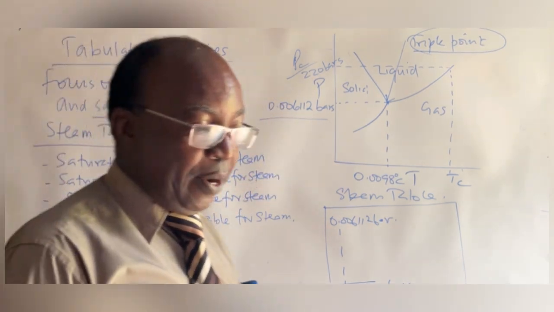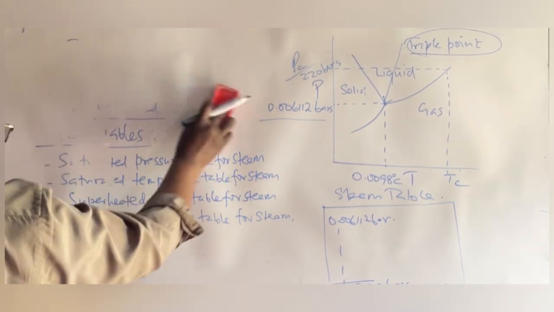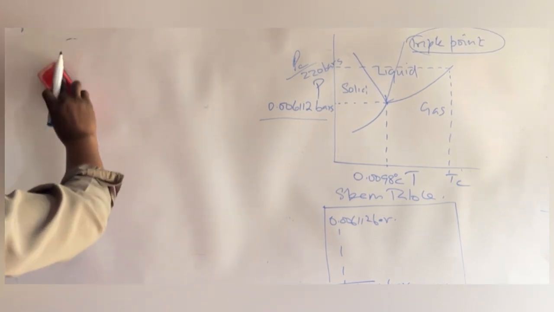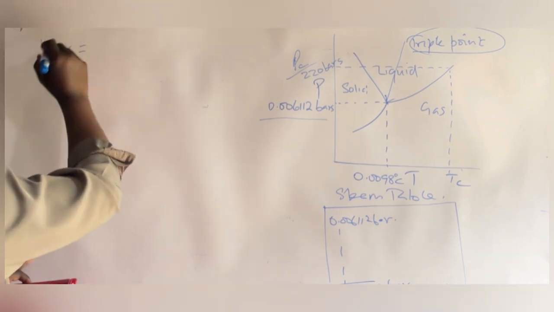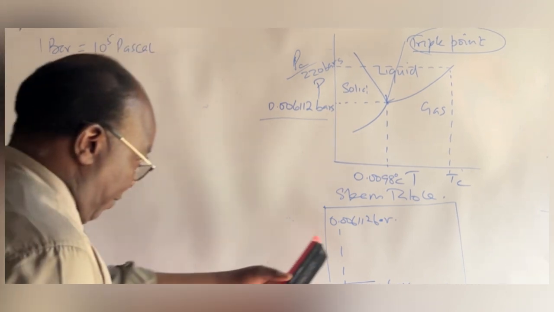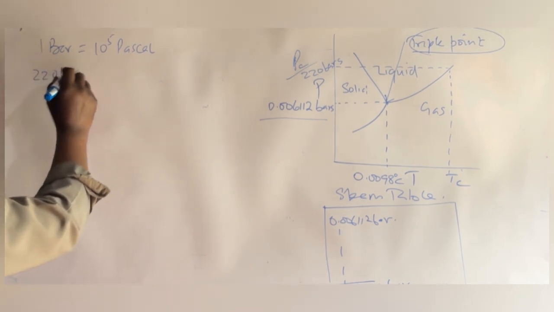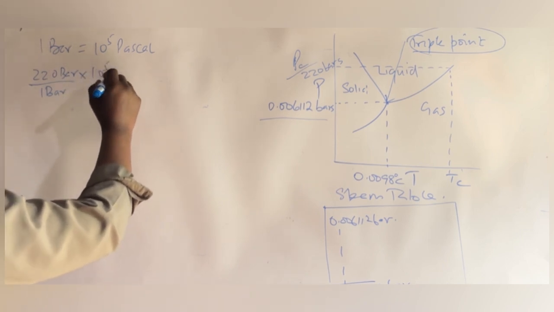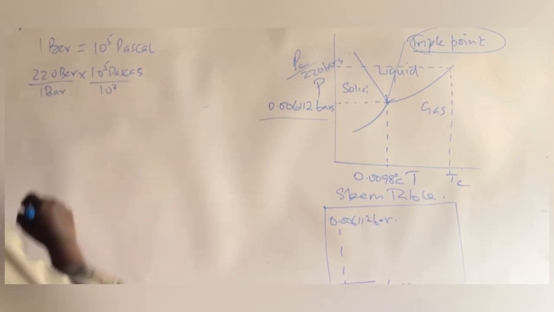When you look at the steam table, they will have used different units. Instead of bars, for example, you'll find them in Pascal. So it's very important to note that 1 bar is equal to 10 to the power 5 pascals. If you're talking of 220 bar, that would be 220 bar over 1 bar times 10 to the power 5 pascals. Then, of course, we want it in kilopascals, so we divide by 1,000.